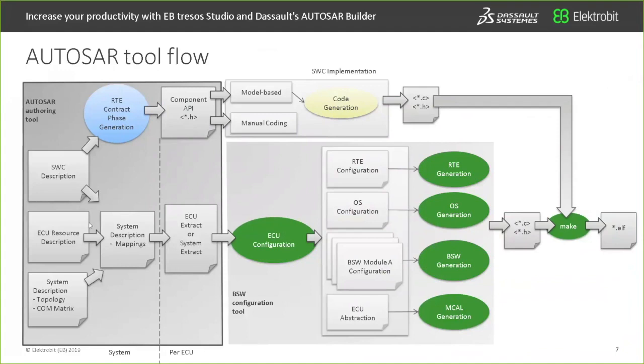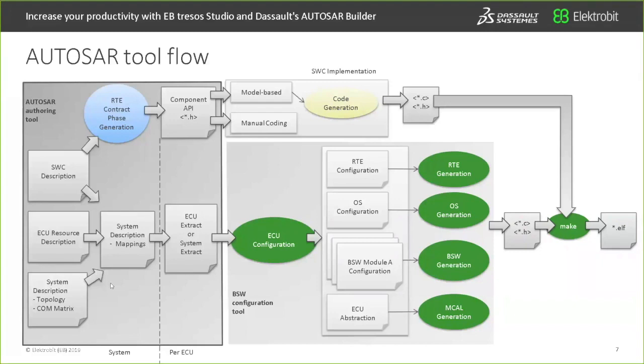So next to the software component description, you also need, due to the AUTOSAR standard, to describe the ECU resource description. This has become kind of neglected over the last years, so today you don't need to provide much information there. More important is the system description.